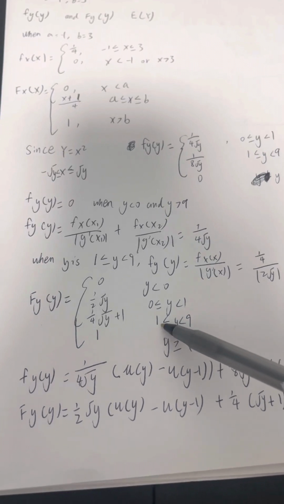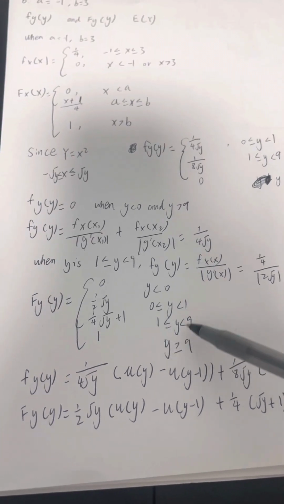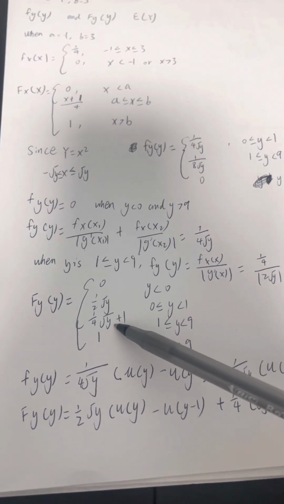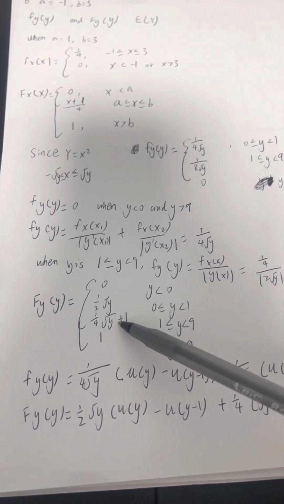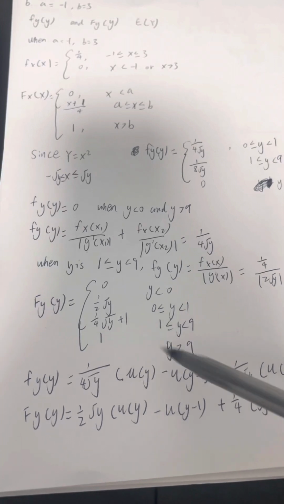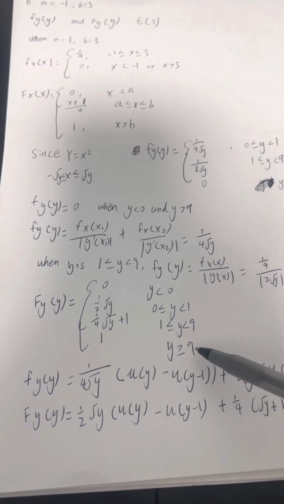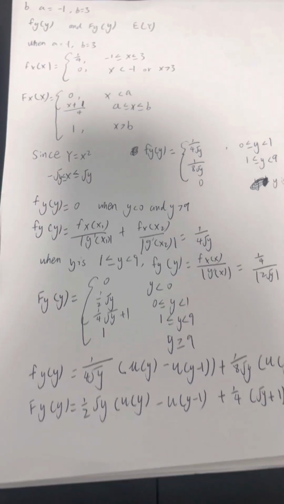And when y is greater than or equal to 1 and smaller than 9, you get F_Y(y) is equal to 1 over 4 times (square root of y plus 1). And if y is greater than or equal to 9, you get F_Y(y) is equal to 1.